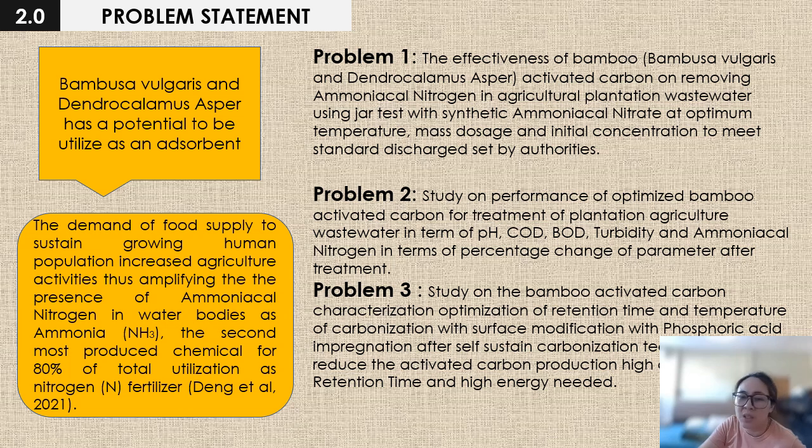Then you have to study the performance of this bamboo, and study the pH, time, temperature, and initial concentration, so that you can see how this bamboo can be optimized as efficiently as possible.